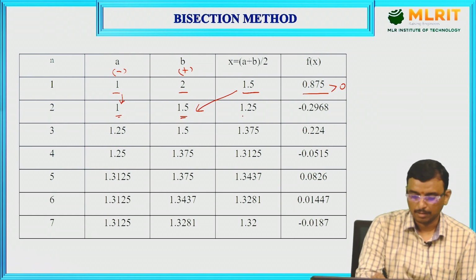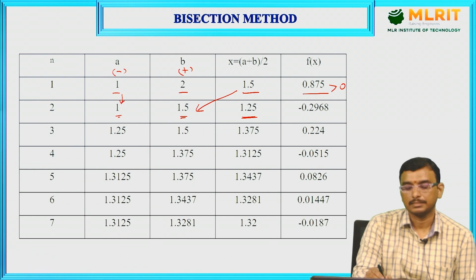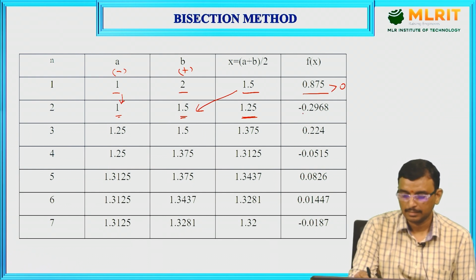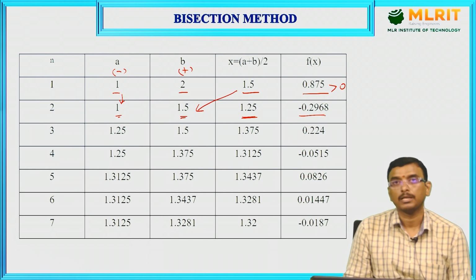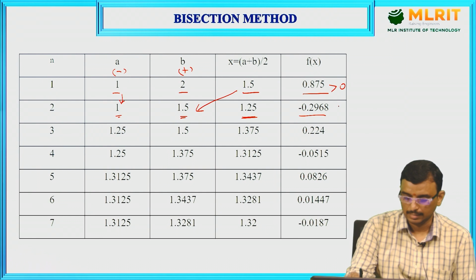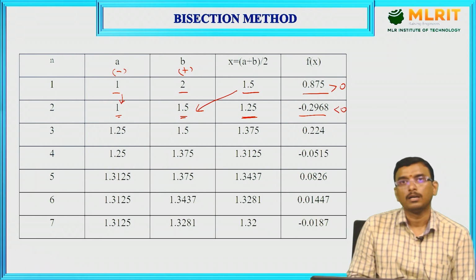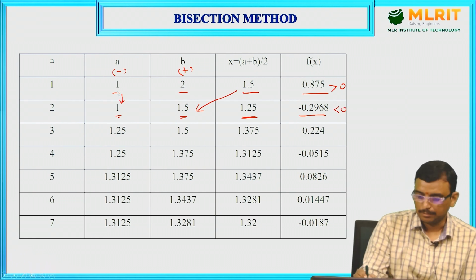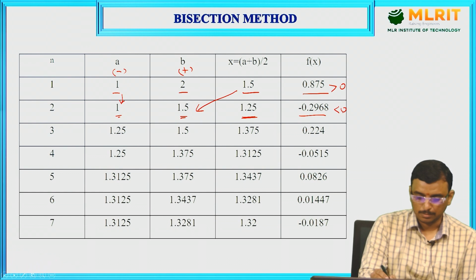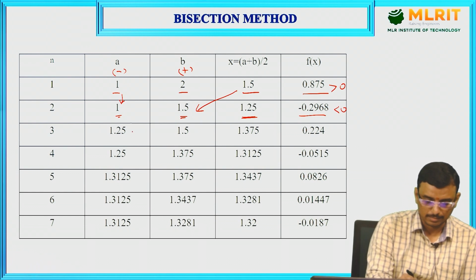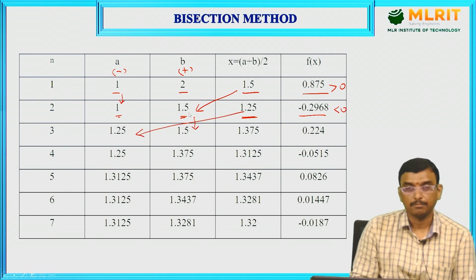So it is 1.25. Its functional value is −0.2968, which is less than 0. Now replace the negative side value, because we got less than 0. So 1.25 is replaced here, and 1.5 is written as it is.